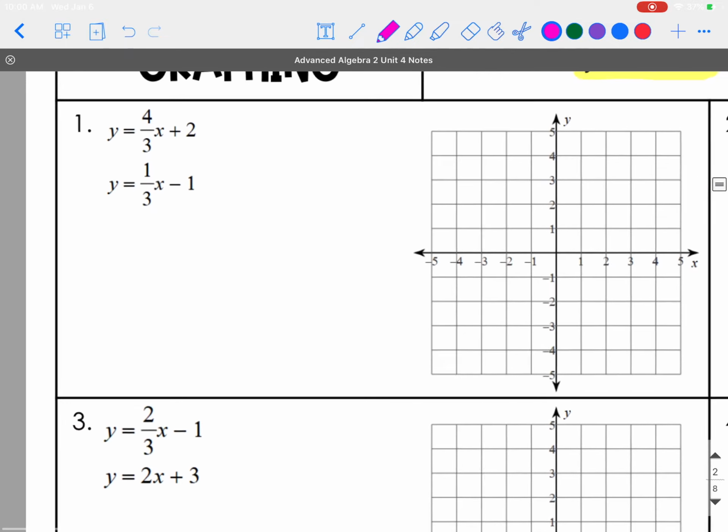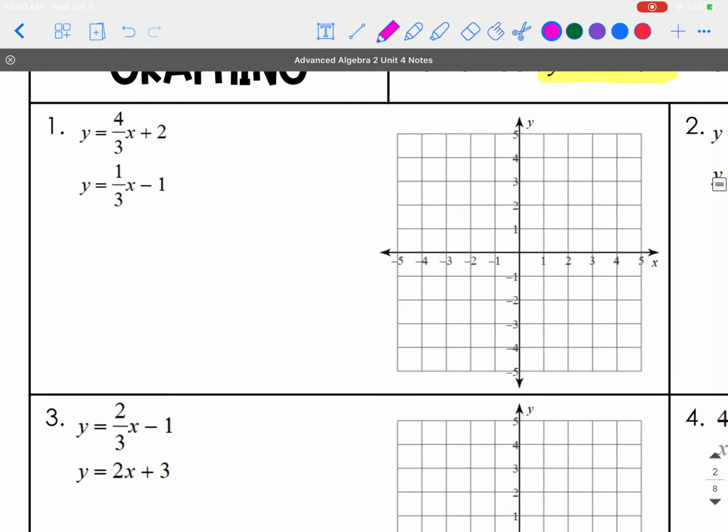So let's get started. We have two lines. The first one, I'm going to box in here. The slope is 4 over 3. And the y-intercept is 2.